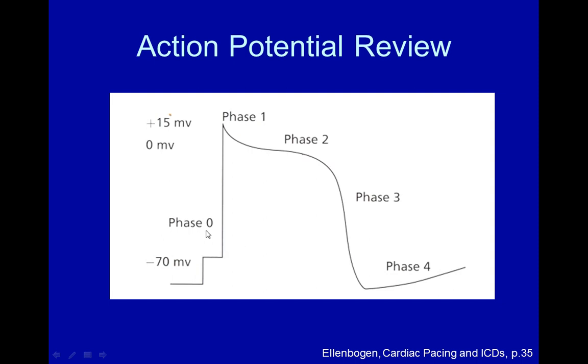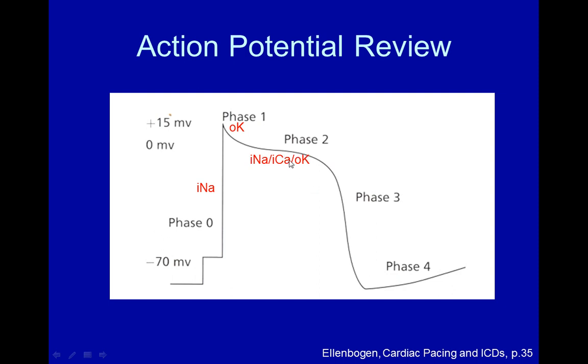If you think about phase 0, you think of a rapid inward sodium current that depolarizes the cell from minus 70 millivolts up to positive 15 millivolts in this case. Phase 1 is a rapid outward potassium current, but then very quickly in the myocytes there is an inward sodium and an inward calcium current that compensate for the outward potassium current, and the cell has what's called the plateau phase, phase 2.